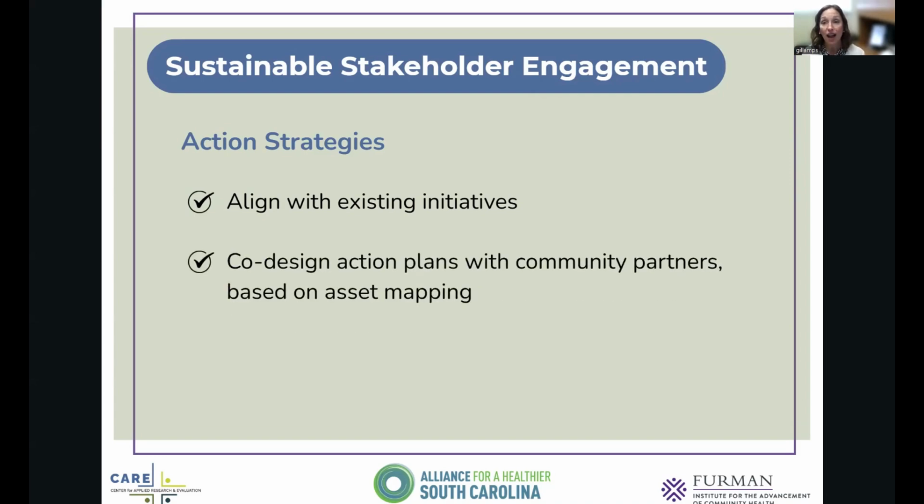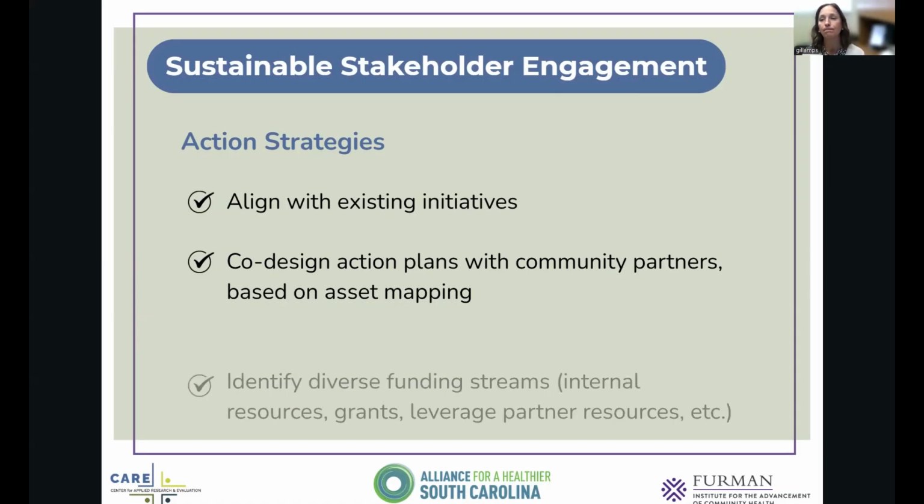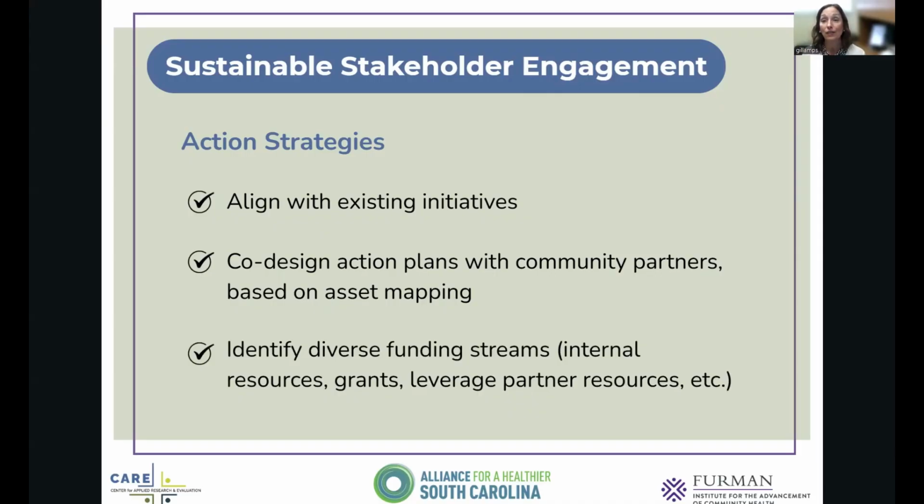How do we co-design action plans with our community partners that are based on our asset planning to help address those gaps? And then it also gives us the opportunity to identify diverse funding streams. How do we blend or braid resources to really better address the priorities that we identify through our community health needs assessment?